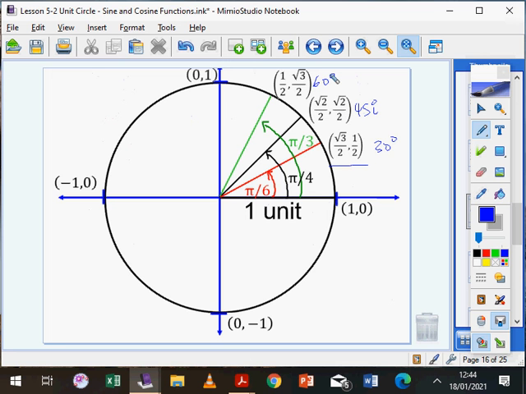So we can use that knowledge to solve a whole host of problems. This is giving us the x-coordinate and the y-coordinate. And I hope you can see that it's giving us the x-coordinate divided by the radius, which in that case is 2 units, and the y-coordinate divided by the radius, which is 2. Okay, sorry.